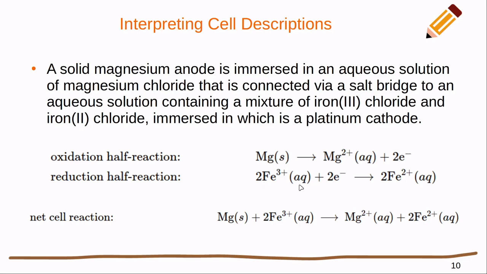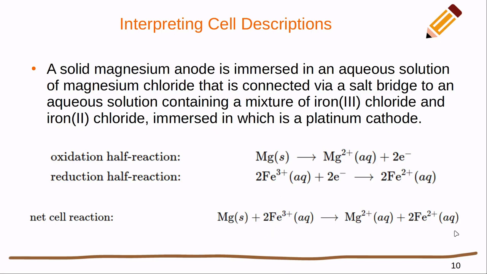I need to accept 2 electrons down here. So I had to double each one of these components in order to get that charge balance, so that this is able to accept as many electrons as this reaction is giving off. I can then add those together and get the overall equation for this system.